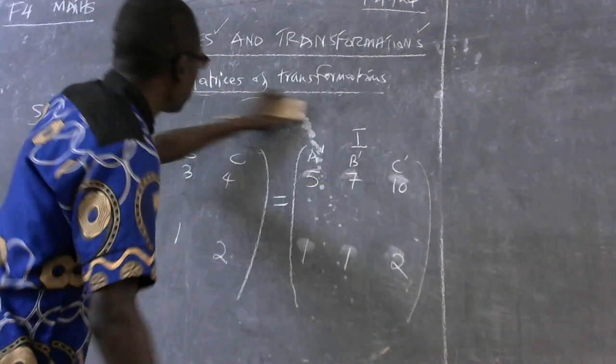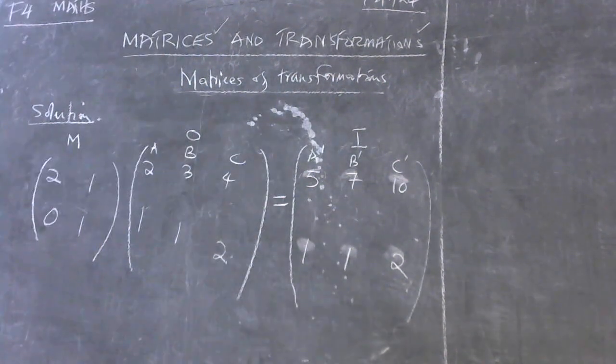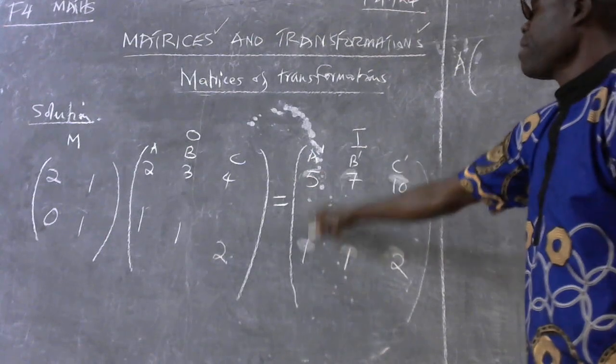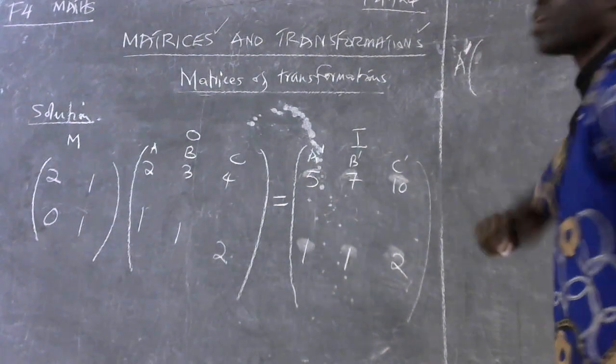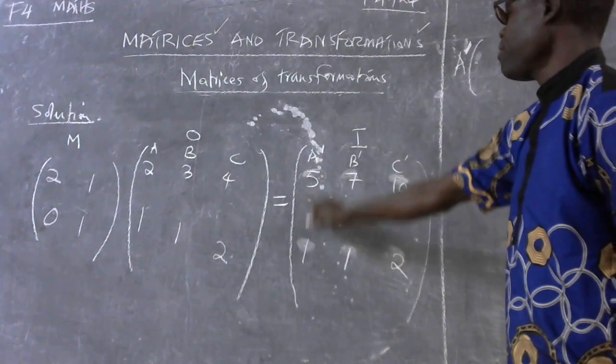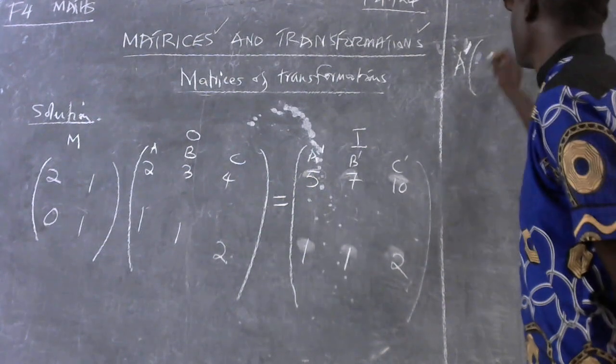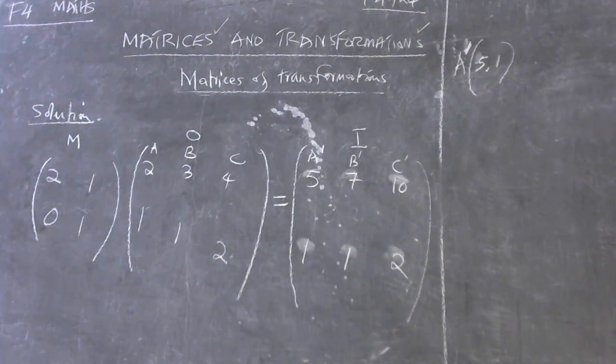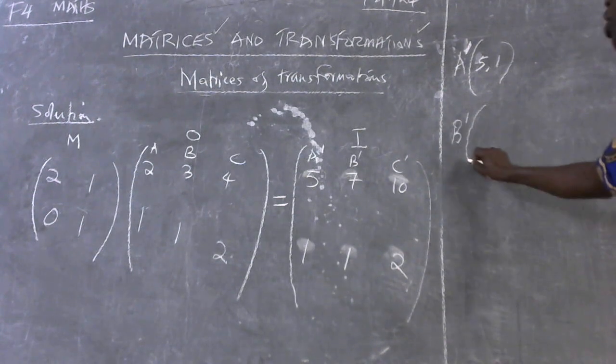Let me write them here, it will be visible. So A image is 5, 1. That is the coordinate of the A image. Let us have a look at the coordinate of B image.